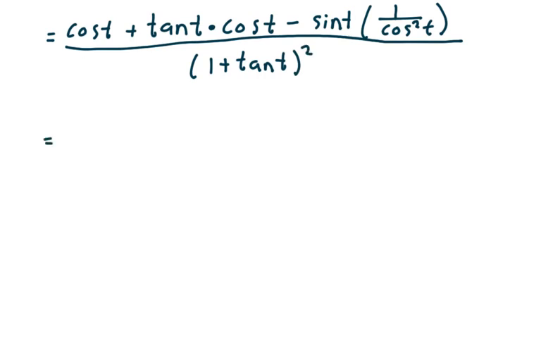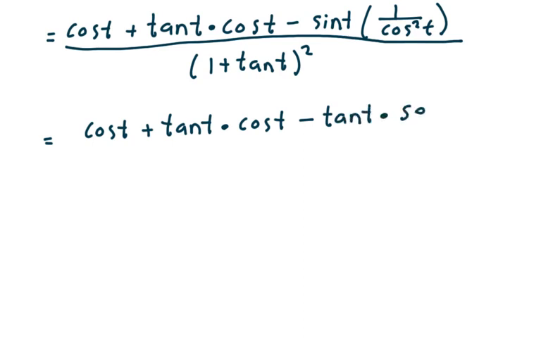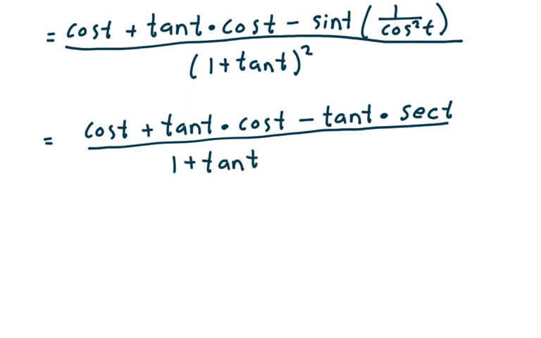And so this is cosine of t plus tangent t times cosine t minus, now I'm going to write this as tangent t times secant t, divided by 1 plus tangent t to the second.